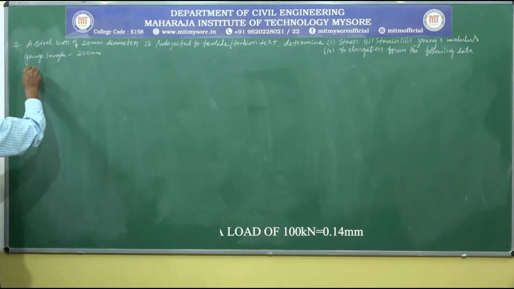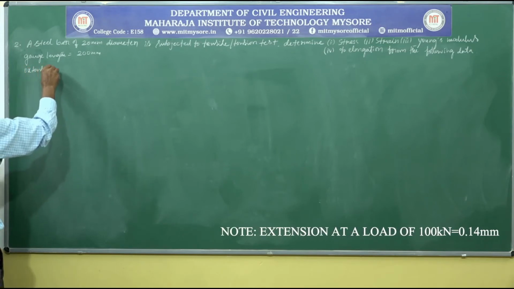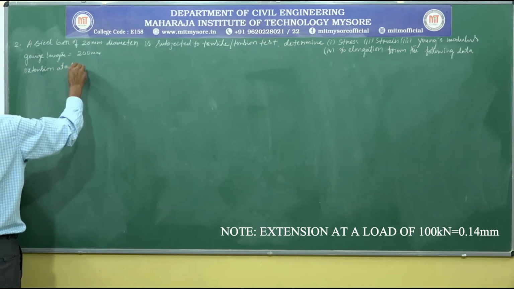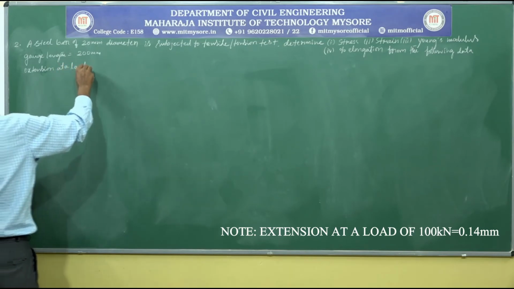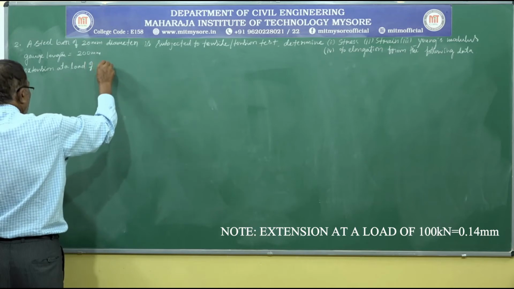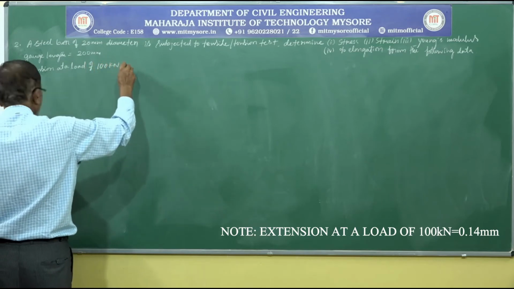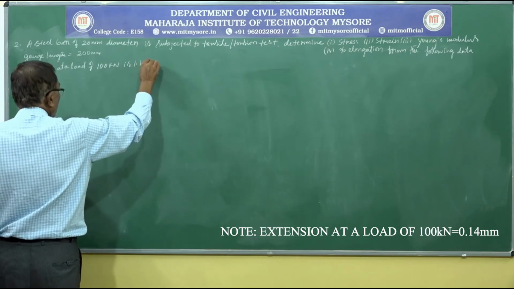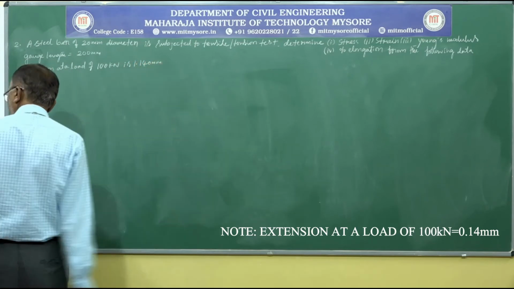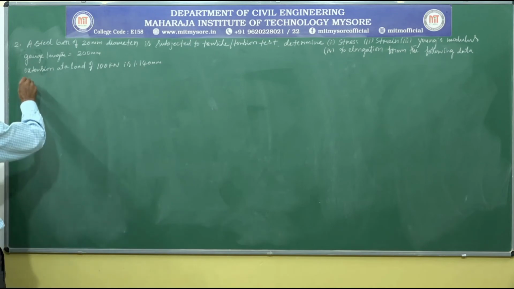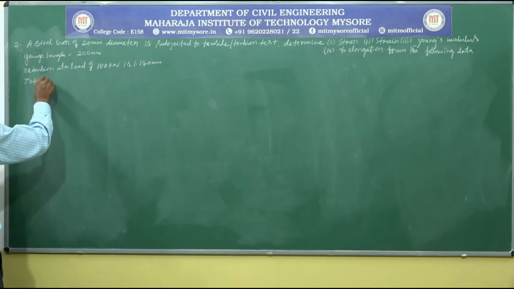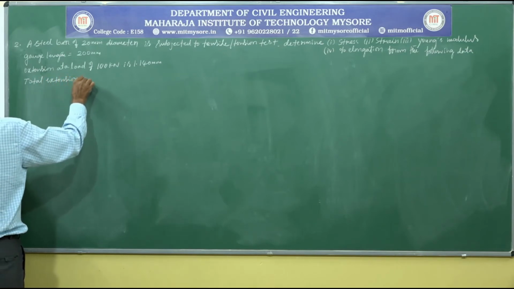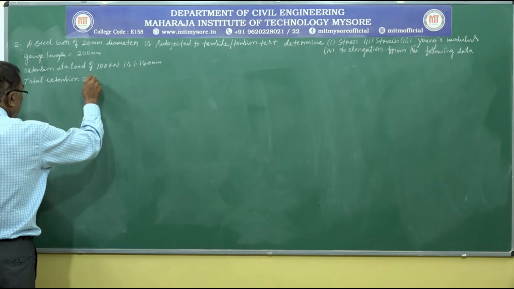Extension at a load of 100 kilonewton is 1.140 millimeter. Total extension is equal to 50 millimeter.